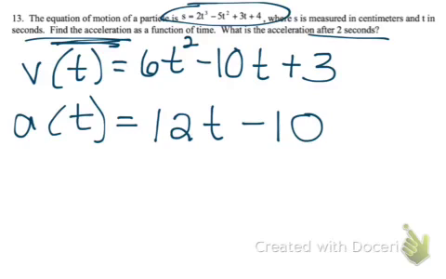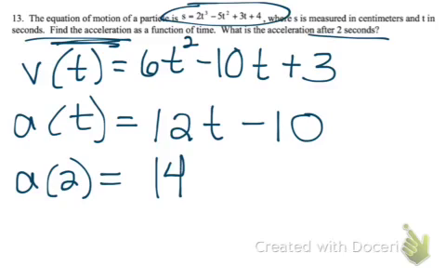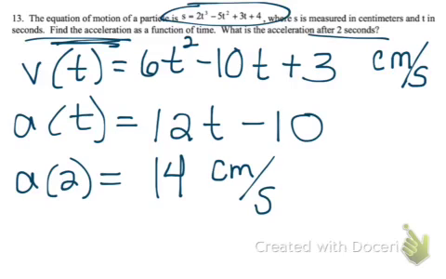And what's the acceleration after 2 seconds? Now just plug 2 into that. So I would get what? 14. And now I haven't talked about units. So velocity's units would be centimeters per second. Your acceleration is going to be centimeters per second squared, because it's a rate of change, centimeters per second really, if you think about it.